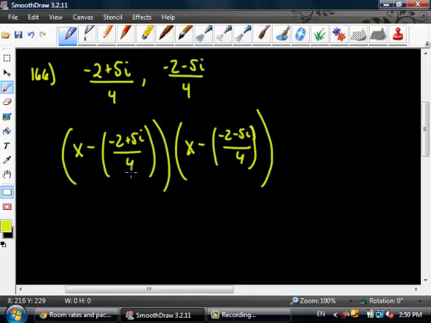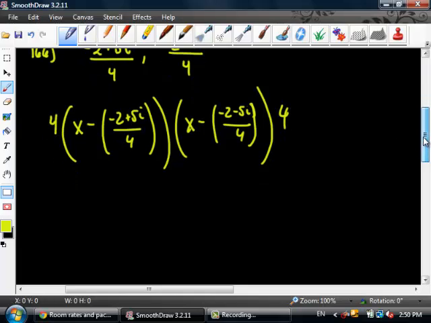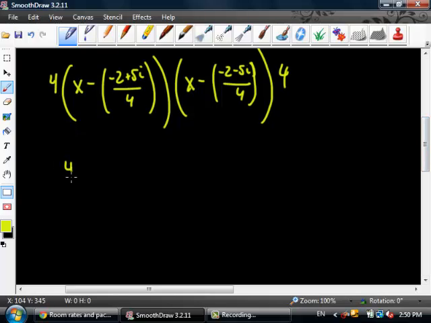Because we have fractions in both, I'm going to multiply everything by 4. So what I end up with is 4x minus -2 plus 5i times 4x minus -2 minus 5i.